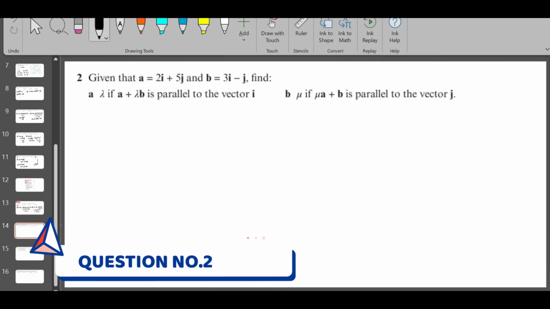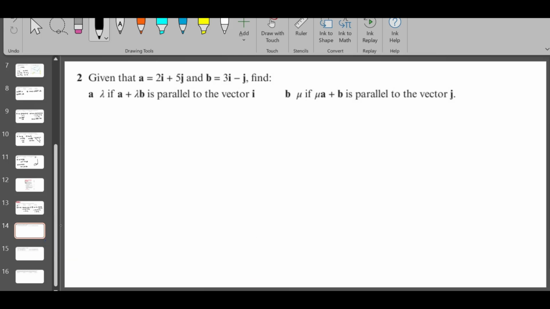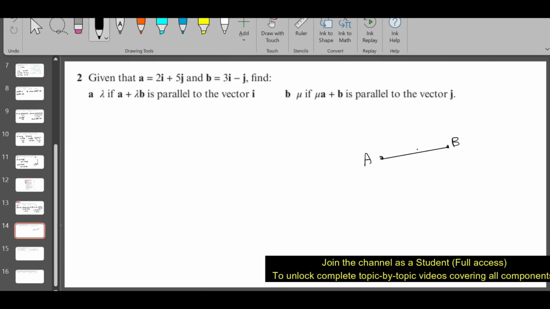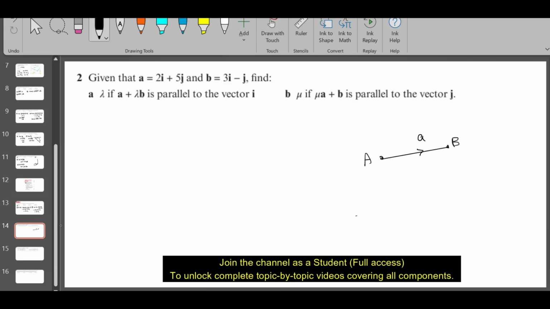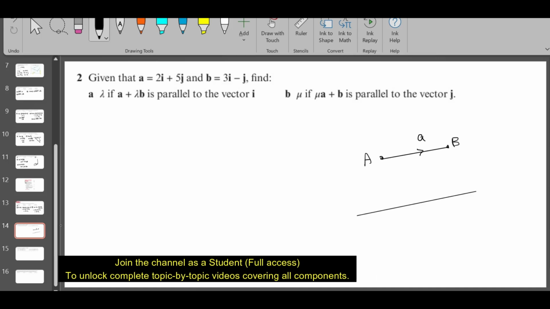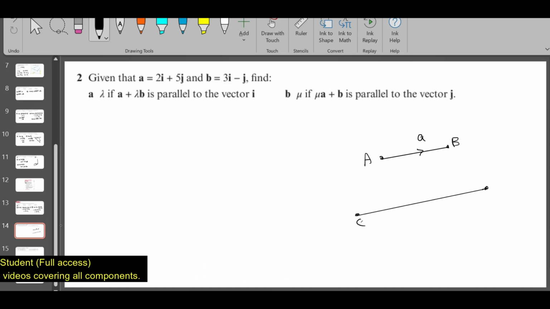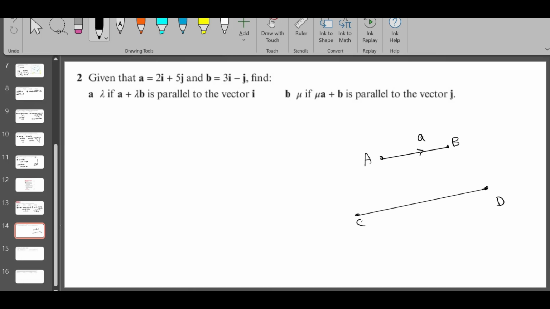Before I explain this question, you need to understand something. Let's say you have a vector, this is AB vector. If there is another vector, let's say CD, the direction can be CD or DC, doesn't matter. But for these two vectors to be parallel, one vector should be a scalar multiplication of another vector.